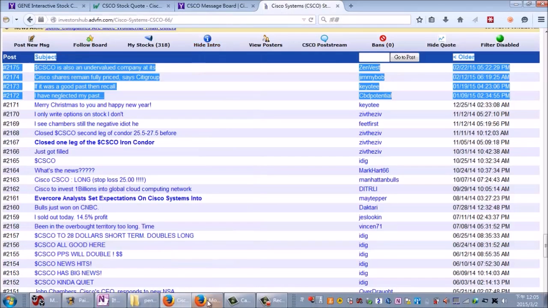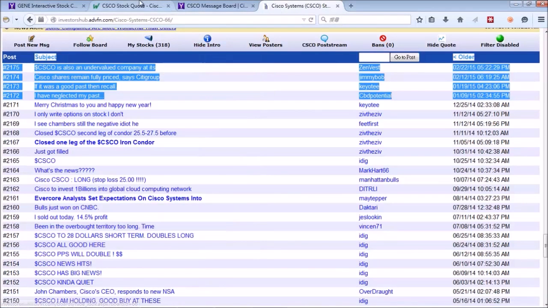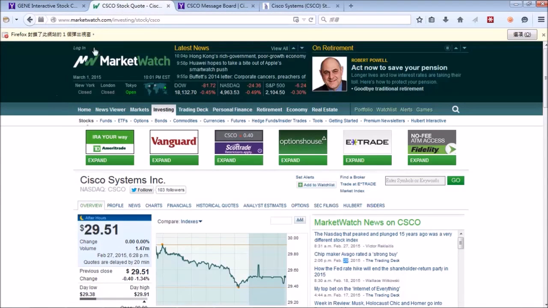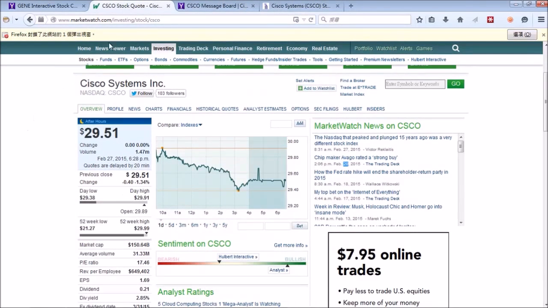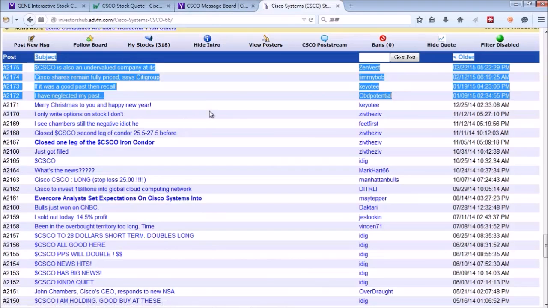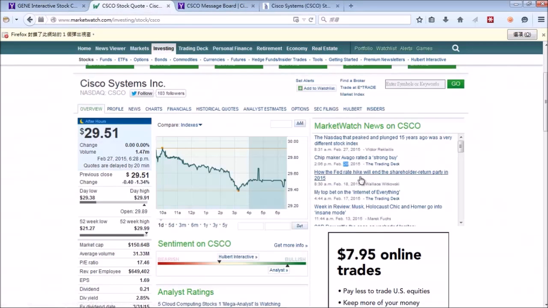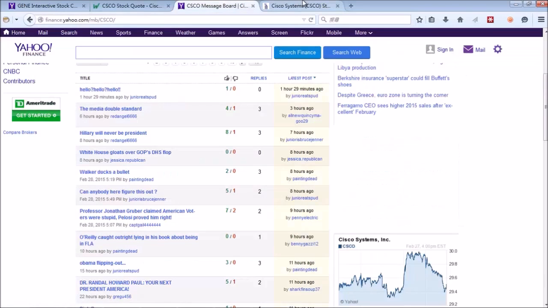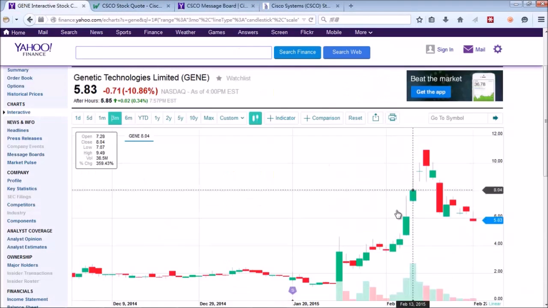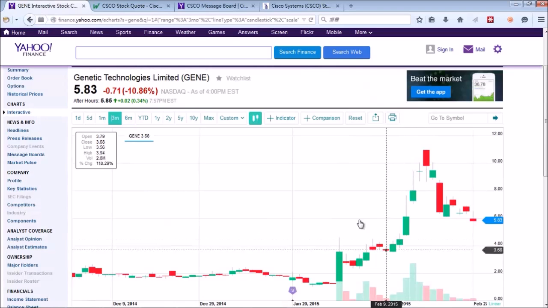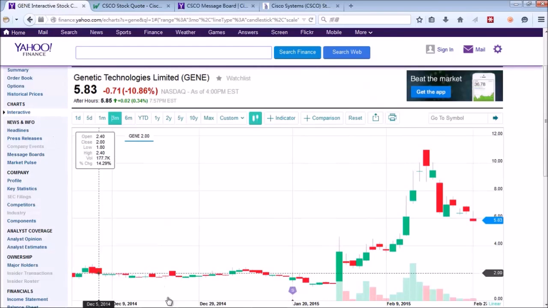Because if the news is already on MarketWatch, that rumor is already reflected in the price of the stock, so it's useless. So you want to find something that MarketWatch has not pointed out yet, but the message boards have. If you can find that in time, you can get this kind of profit from predicting those breakaway gaps.